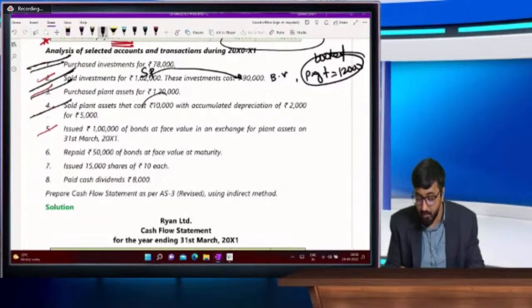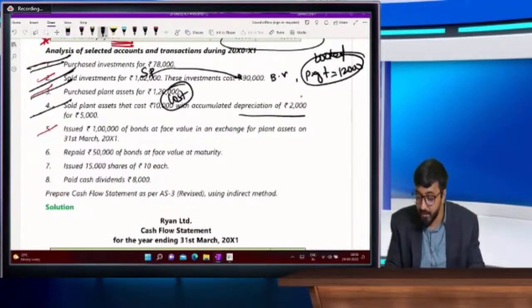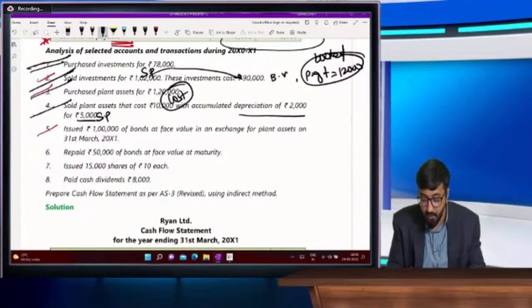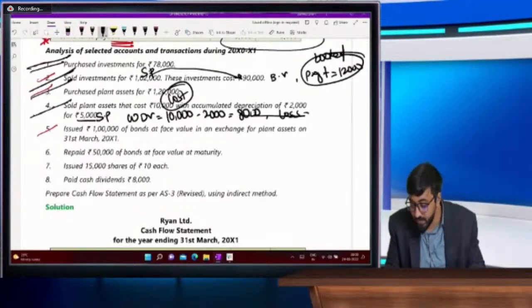Sold plant cost 10,000. So this is a book value, original cost. Accumulated depreciation 2,000. And 5,000 selling price. WDV 10,000 minus accumulated depreciation 2,000, 8,000. So this is WDV. So loss 3,000 already booked.